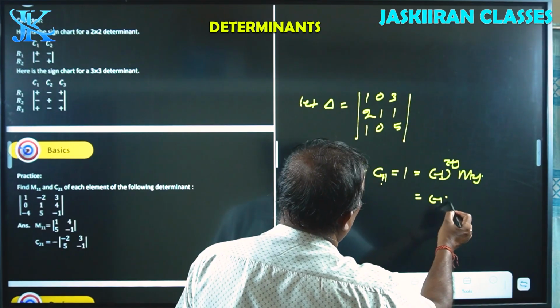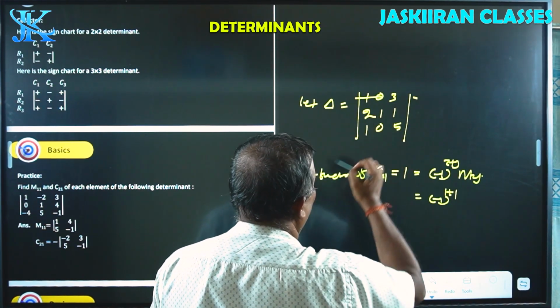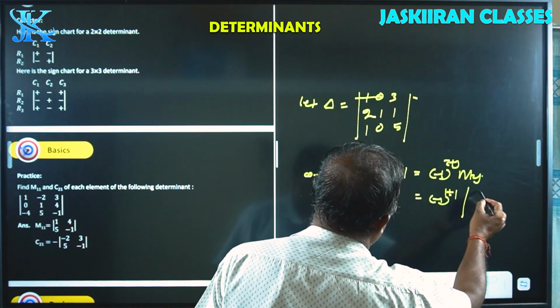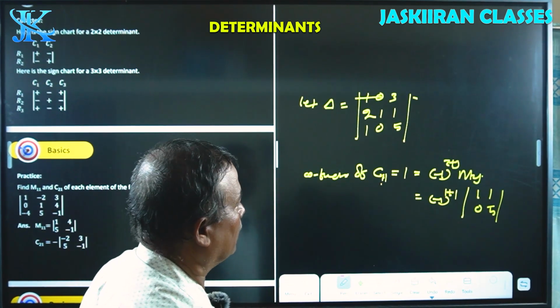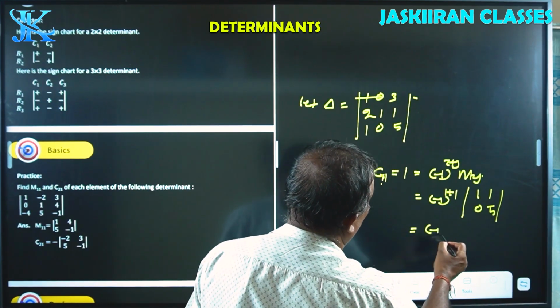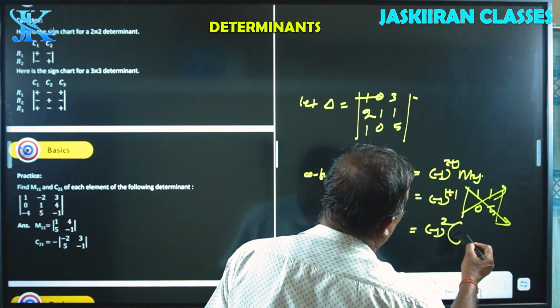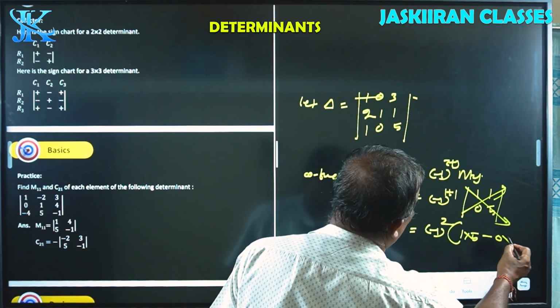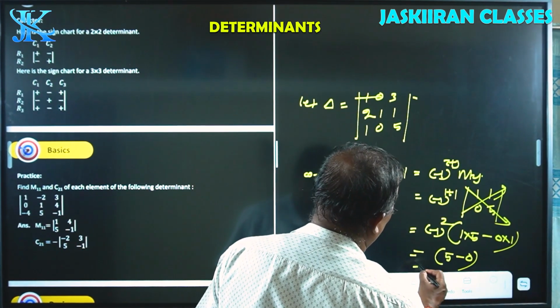That is (minus 1) to the power 1 plus 1. M_ij is obtained by omitting the i-th row and j-th column. That is we get 1, 1, 0, 5. So (minus 1) to the power 2. That is principal diagonal minus secondary diagonal: 1 into 5 minus 0 into 1. Then that is 5 minus 0. That is we get 5.